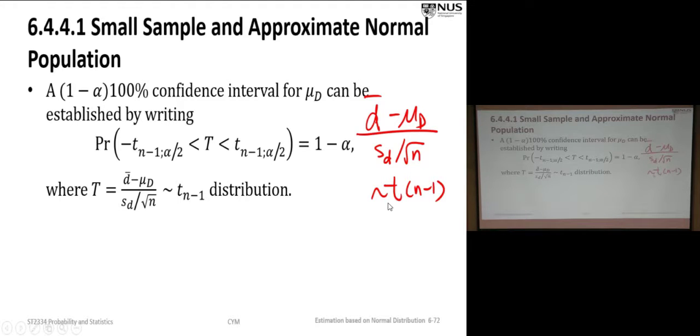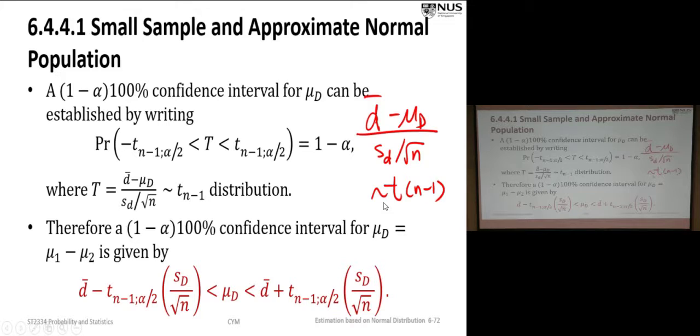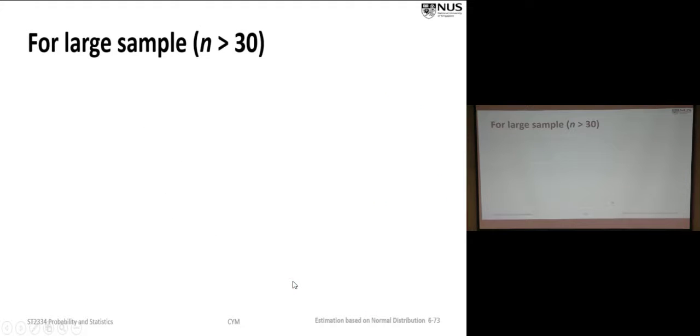So the confidence interval is given by D bar, which is a point estimate for this quantity, plus or minus a constant times the standard error of D bar. And this constant is taken from a t distribution with n minus 1 degrees of freedom. All right? So when sample size is big, what does it mean? It means that D bar minus mu D over SD over root n is supposed to follow a t distribution.